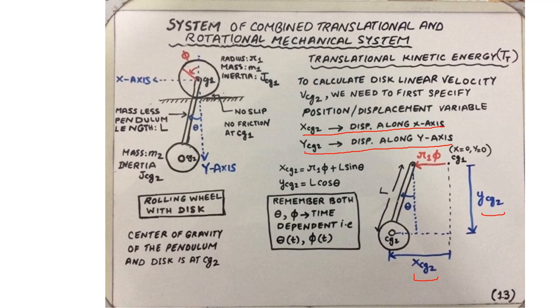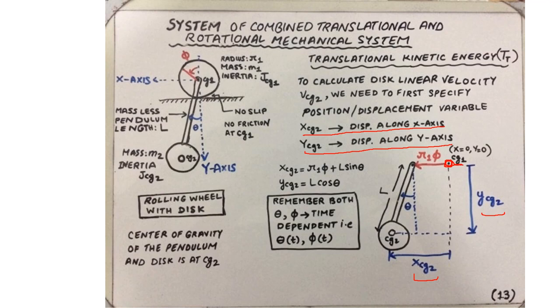So if L is the length of the lever, that is the straight line distance between the center of gravity of the top wheel and the center of gravity of the bottom disk, and if this pendulum L makes an angle theta with the y-axis, then the distance between CG1 and this point is very important because it defines the initial position of the top wheel center of gravity.